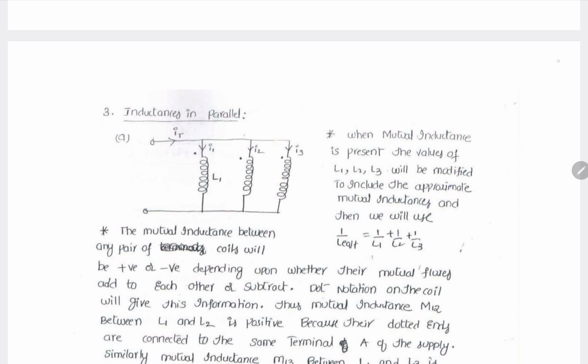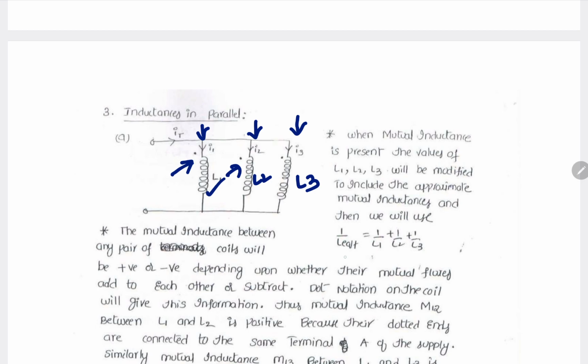Now let us see when inductors are in parallel. So this is L1, this is L2 and this is L3, all in parallel, and here dot convention is given. In L1 current is entering into the dot, in L2 current is entering into the dot, in L3 also current is entering into the dot.